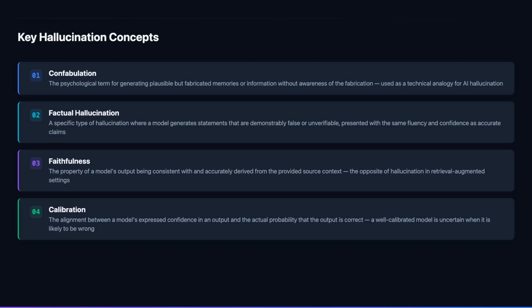In practice, language models tend to be overconfident, expressing high fluency and certainty even when generating hallucinated content. Improving calibration is an active research area, with approaches including training on uncertainty-labeled data, implementing explicit abstention mechanisms, and developing evaluation frameworks that measure the correlation between expressed confidence and actual accuracy.